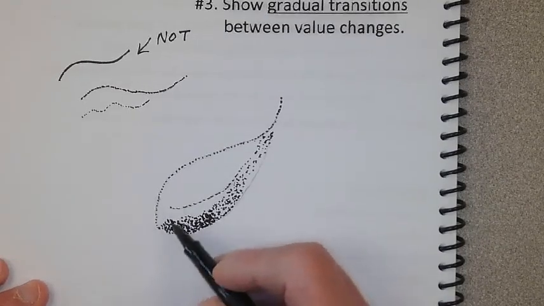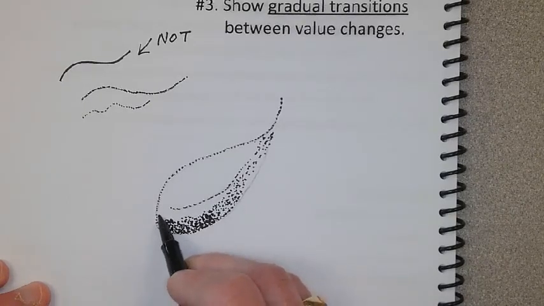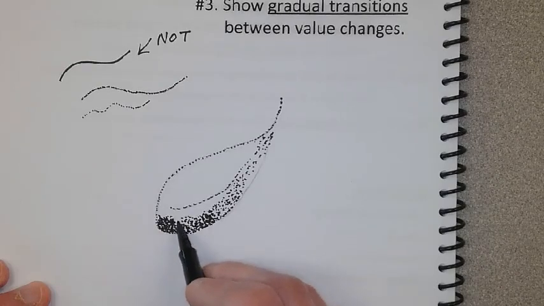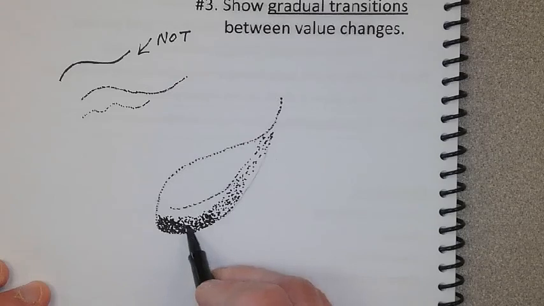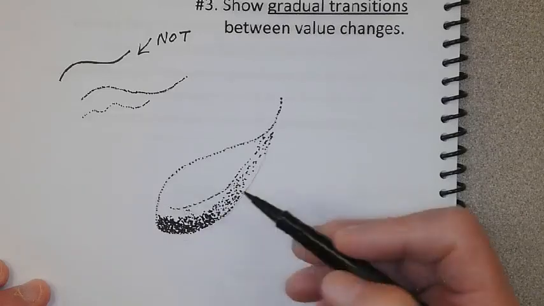I can still get this area darker. Darker is lots of dots piled on top of each other. Middle value shade is fewer dots. And light is dots spread out.